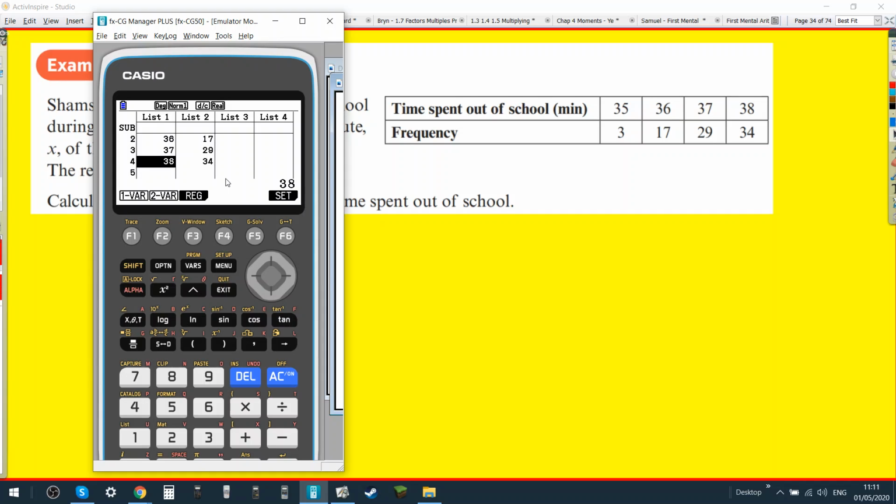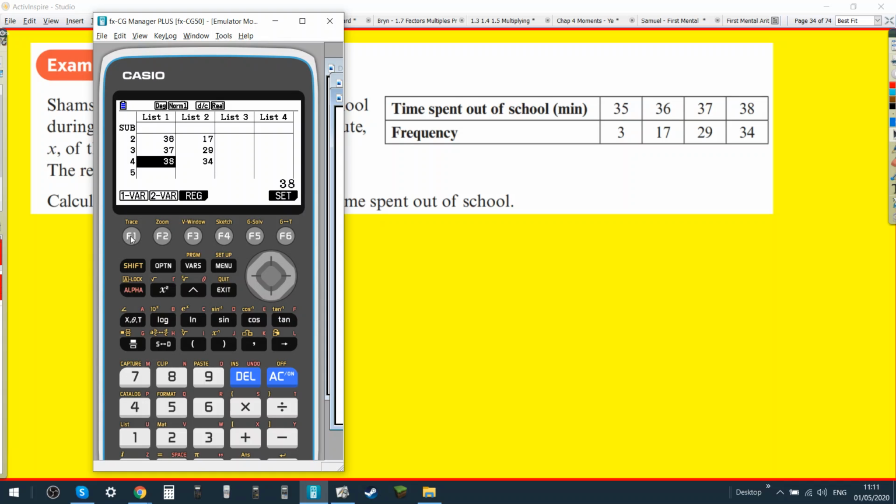Try the one variable thing. Do I just press exit twice and then press calc? Yep, just find that one variable thing for F1.